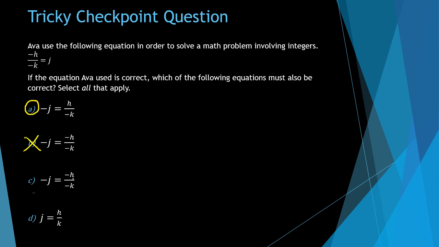Here, I think this is supposed to be a positive k. So this should say negative j equals negative h over k, which would be correct, because I have opposite signs, which means that my answer is going to be negative. And this last one, D, this is what we're used to seeing, right? 2 positives being divided, which will give us a positive one. So there's only one wrong answer choice, which is the one where you have these 3 negatives. That one does not work.